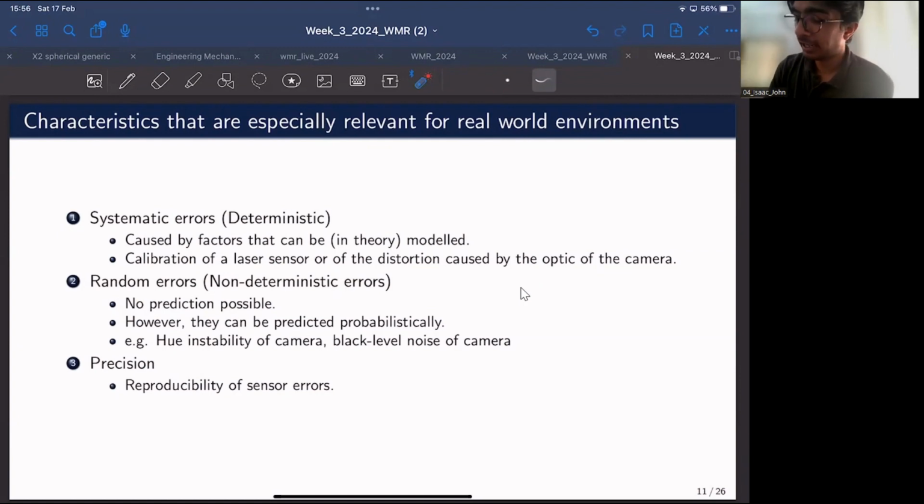Another key aspect is the precision of the sensors. Precision is basically the reproducibility of sensor readings. It means how accurately you can reproduce a measurement reading.